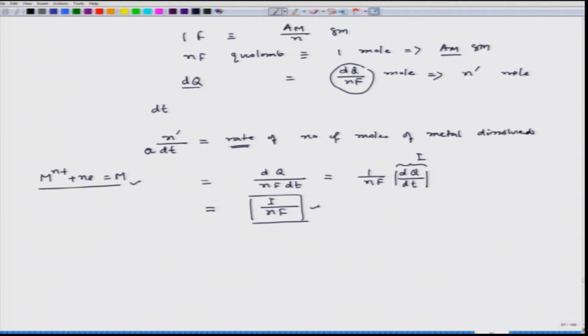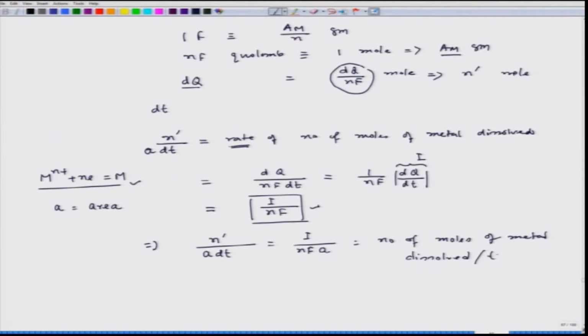So, let us say small a is the area. I can put it as N prime by A dt equal to I by nF A. So, now it becomes the number of moles of metal dissolved per unit time, per unit area.